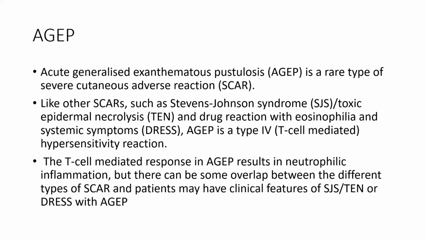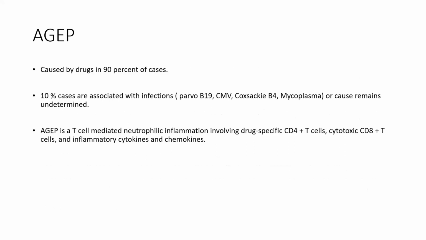The T-cell mediated response in AGEP results in neutrophilic inflammation, but there can be some overlap between the different types of SCAR, and patients may have clinical features of, say, SJS, TEN, or DRESS with AGEP. It is caused by drugs in 90% of cases. 10% of cases are associated with infections such as parvovirus B19, cytomegalovirus, mycoplasma, and other causes can be undetermined.